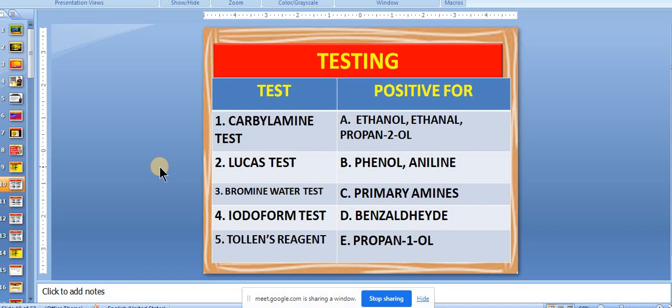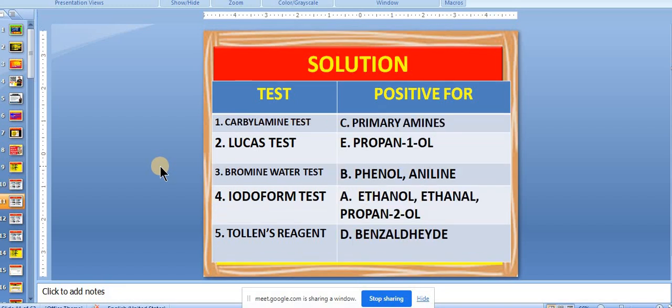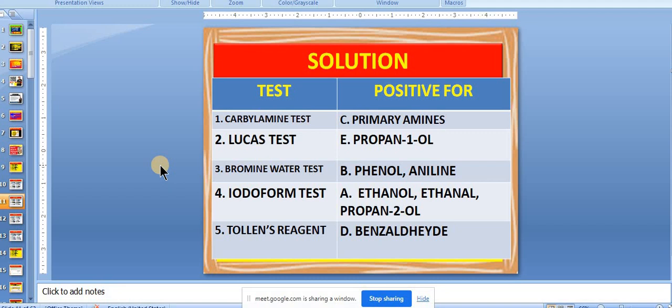So we want to cross-check in our mind and justify all these fundamentals. Okay, so these were the answers. Carbylamine: primary amine. Lucas test: propan-1-ol. Bromine water test: phenol, aniline. Iodoform test: ethanol, propan-2-ol. Tollen's reagent: benzaldehyde. There are some fundamentals behind that which we are going to understand today.